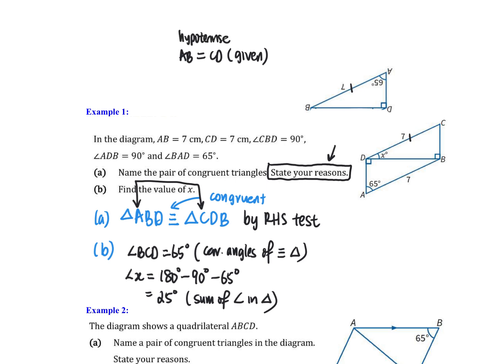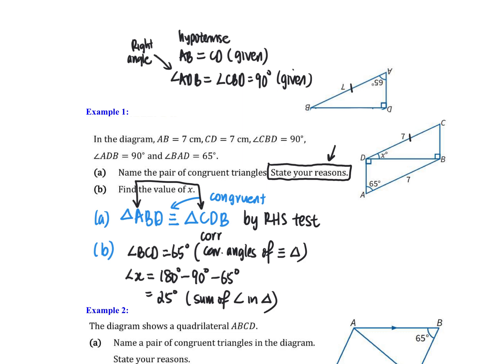Next one is the right angle. Angle ADB is equal to angle CBD, 90 degrees. So this is also given. This is the right angle. And then we just need one more side, right?